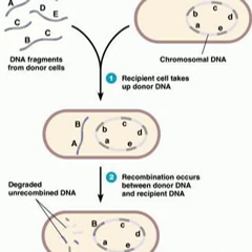Now that you have seen the phage life cycles, we can discuss transduction in detail. Transduction can be generalized or specialized. What are the steps of general transduction? A phage attaches to the cell wall of a bacterium and injects DNA.